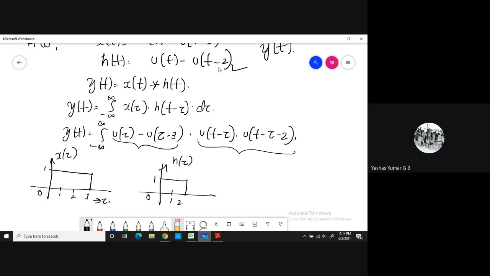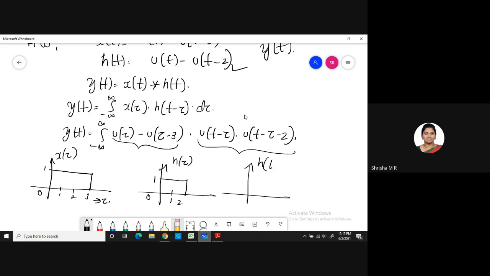Ma'am, we will shift the curve from 0 to tau, then 2 to tau plus 2, ma'am. Okay, let us see. So h of tau we have got. We have to plot h of t minus tau. So to get h of t minus tau, first you plot h of tau plus t. Here t is your constant.